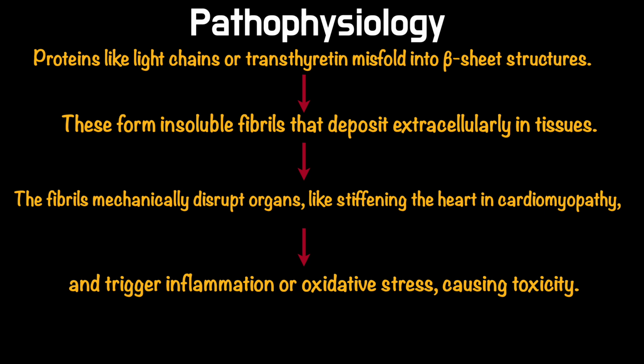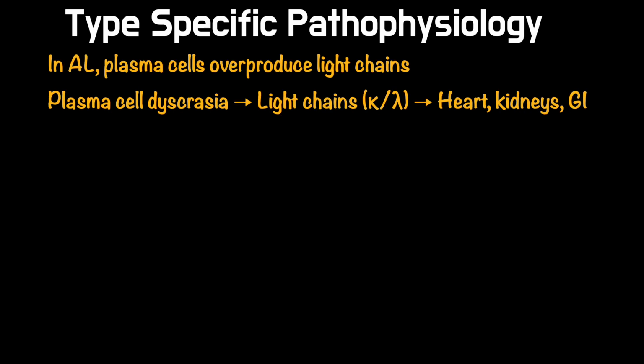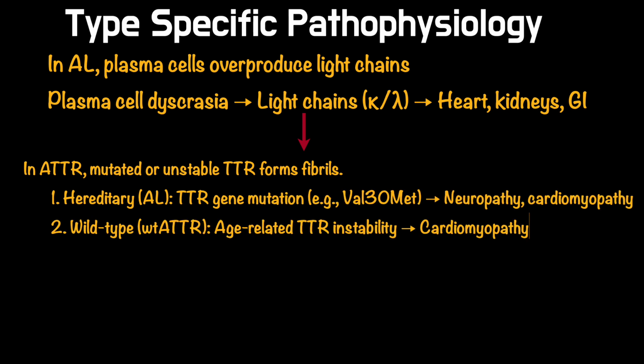There is type specific pathophysiology also. Let's talk about that. In AL type, that is light chain type, plasma cells overproduce light chains, right? So in plasma cell dyscrasias, light chains like kappa or lambda are overproduced and get deposited in the heart, kidneys, and gastrointestinal tract. And in ATTR, mutated or unstable transthyretin forms fibrils, right? In the hereditary type, there is a TTR gene mutation, for example the Val30Met mutation, and that will lead to neuropathy or cardiomyopathy.